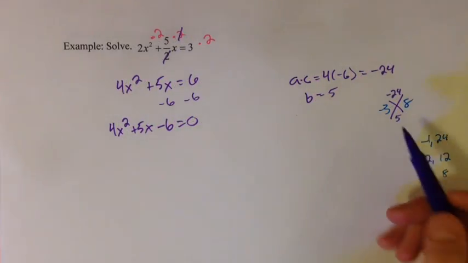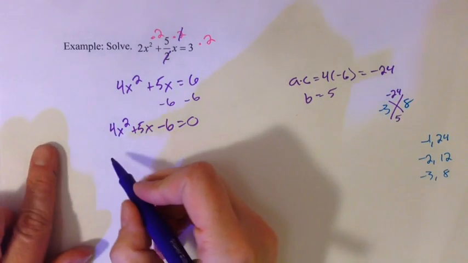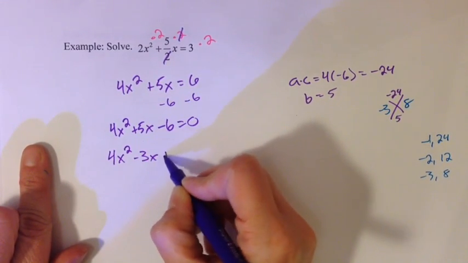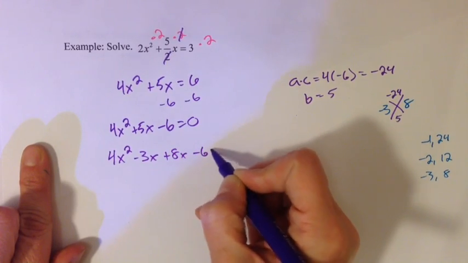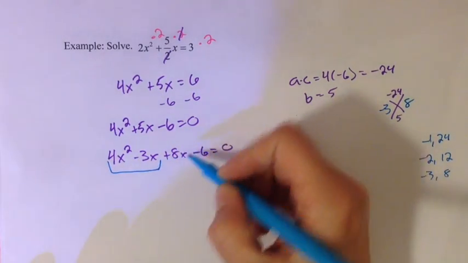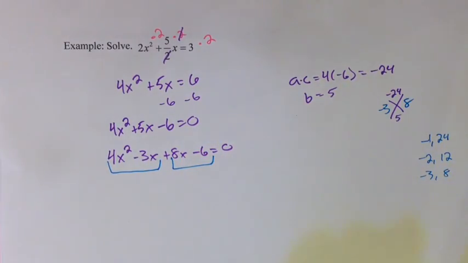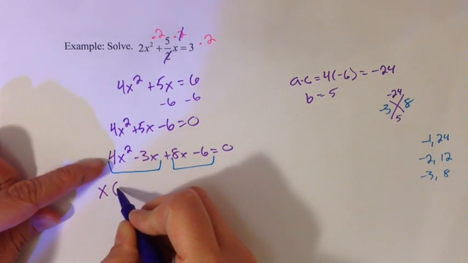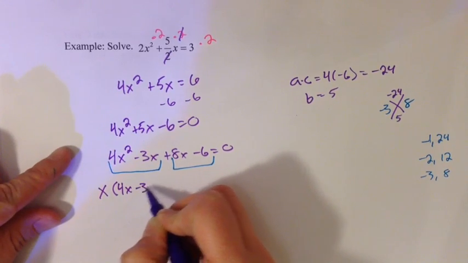Now I can go ahead and use those 2 numbers to uncombine my middle term, giving me 4x squared minus 3x plus 8x minus 6 equals 0. Then I group those 2 terms together at the beginning, and I group the last 2 terms together and factor by grouping. Out of the first group, it looks like I can pull a single x out, which leaves behind a 4x and a minus 3.